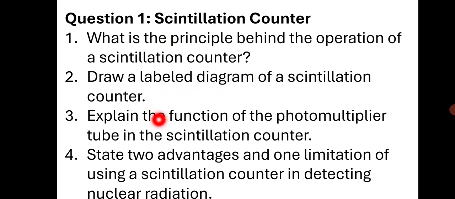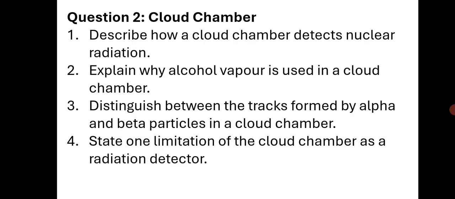These things you should be able to do, so that we can confirm that we have learned and mastered the content. Explain the function of the photomultiplier tube in the scintillation counter. We have discussed this in the lessons. State 2 advantages and 1 limitation of using a scintillation counter in detecting nuclear radiation. Look at these questions on your Paper 1 of physics. They can be potential examination questions. Remember that the questions are exam style questions.